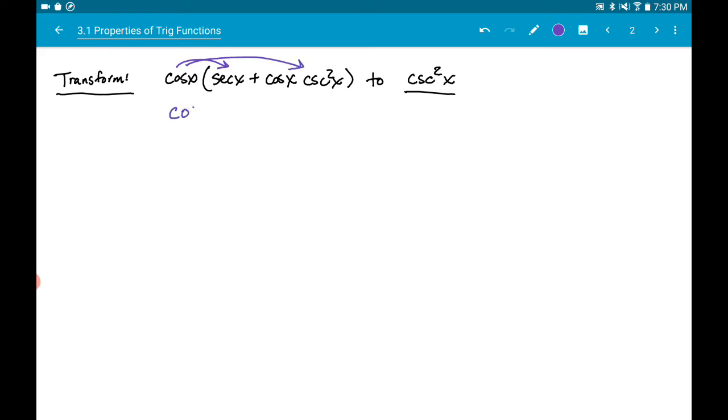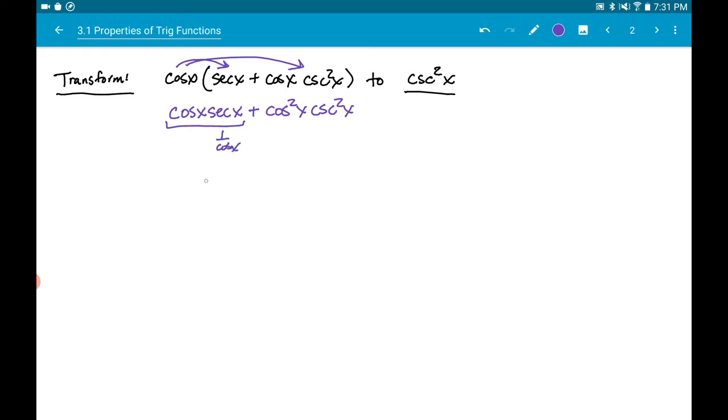So if I distribute the cosine into this, I end up with something like this. And cosine times secant, remember secant's 1 over cosine.